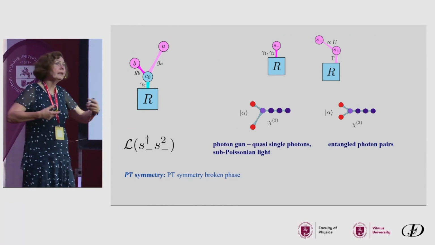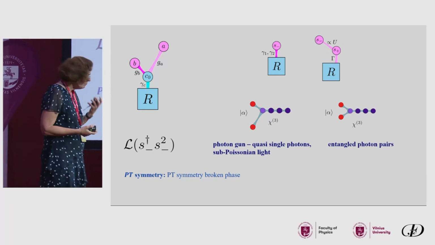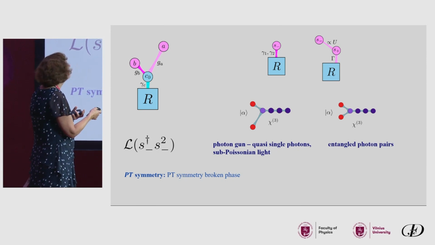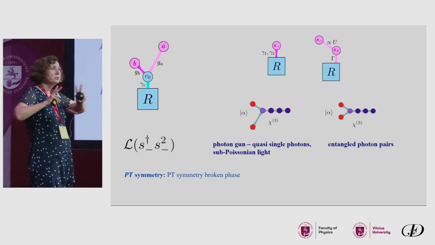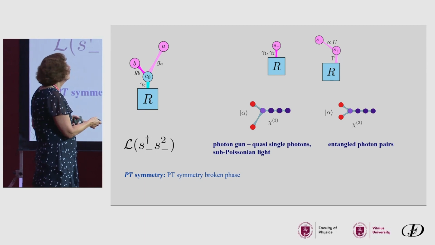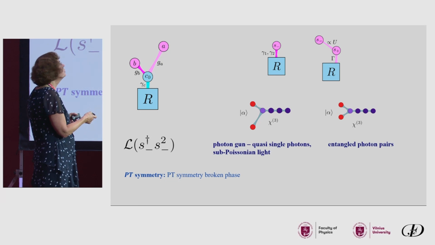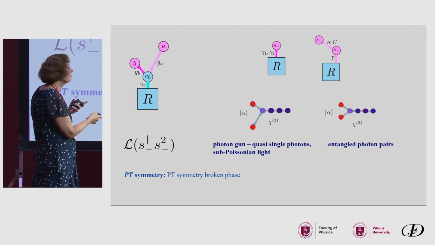Again, we are still playing on this effect that in my PT broken phase, I have the antisymmetric mode preserved. And I can arrange my system in two different incarnations. If I have symmetric coupling here, then my system can be reduced to just this mode, which is preserved, and this mode, which is rapidly decaying, coupled to the reservoir.